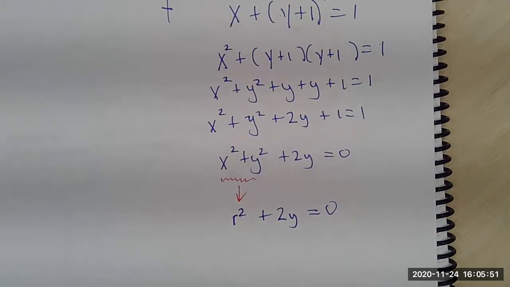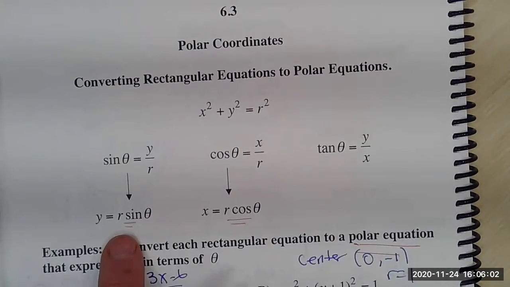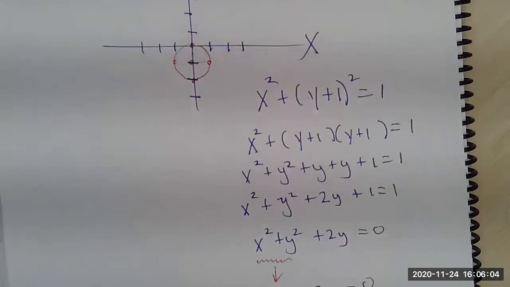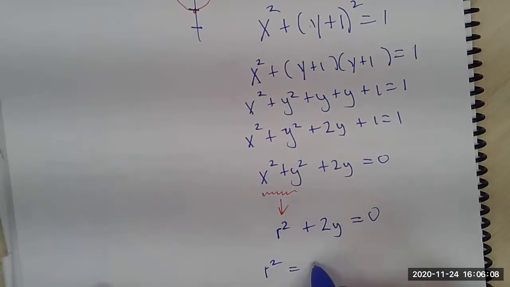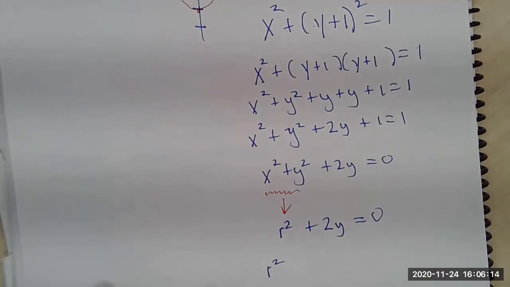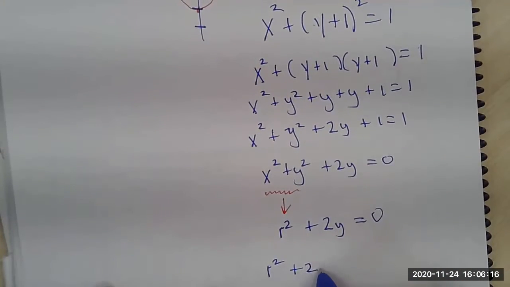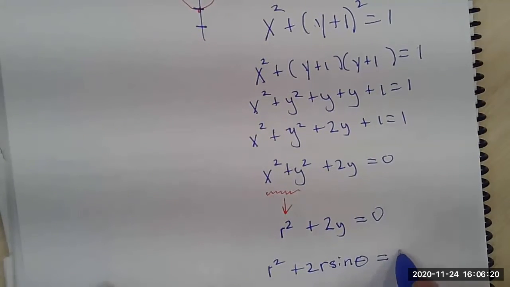You get rid of the y by letting y equal r sine theta. So r squared plus 2 r sine theta equals 0.